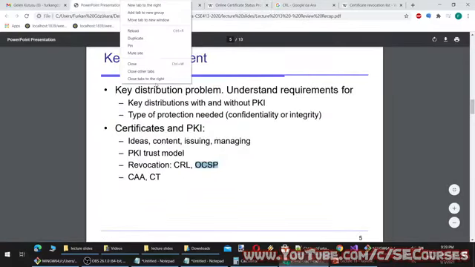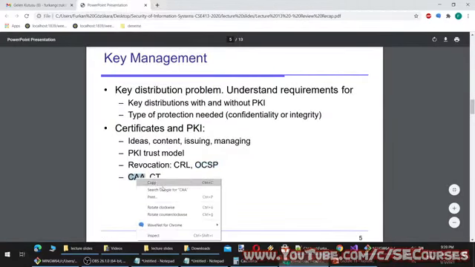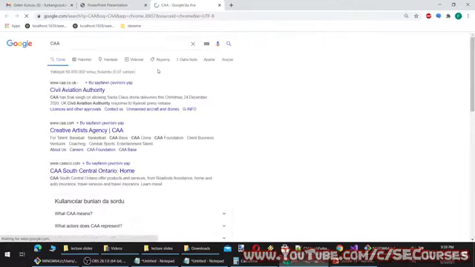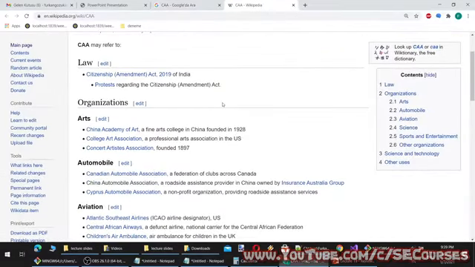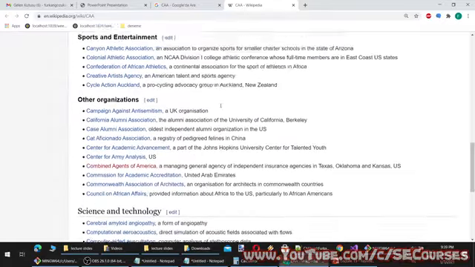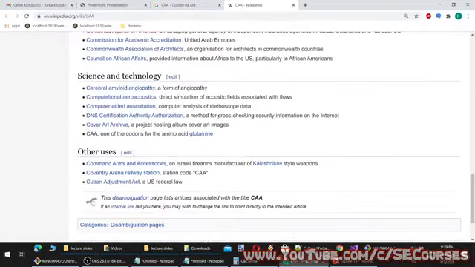Okay, let's remember CAA and CT. So CAA, not this one, and let's look from here. Science, technology. Hmm.